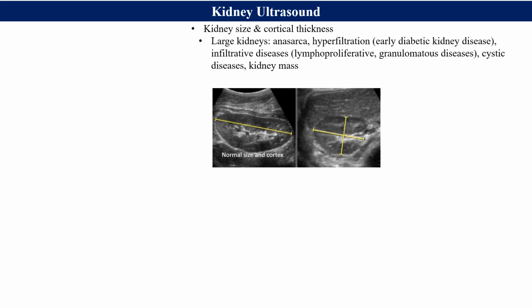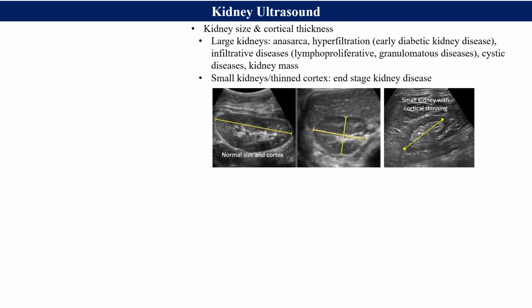Large kidneys may be seen in patients with severe and diffuse edema called anasarca, hyperfiltration, which is commonly seen in early diabetic kidney disease, infiltrative diseases such as lymphoproliferative and granulomatous diseases, cystic diseases, or kidney mass. Small kidneys with thin cortices suggest chronic and end-stage kidney disease.